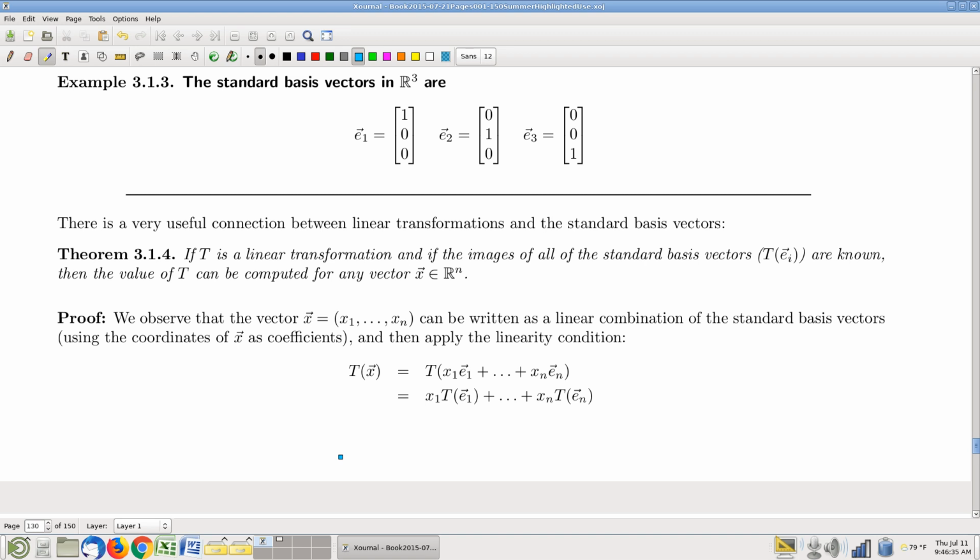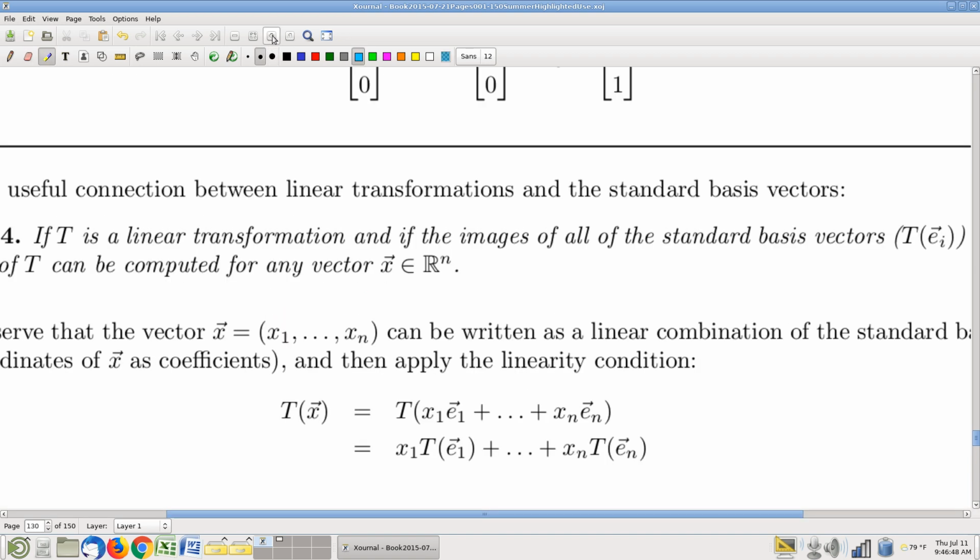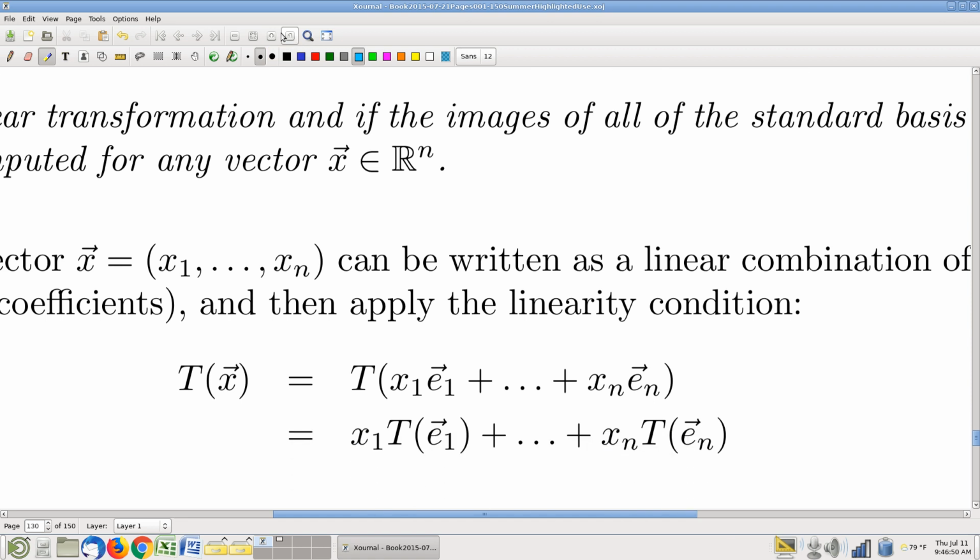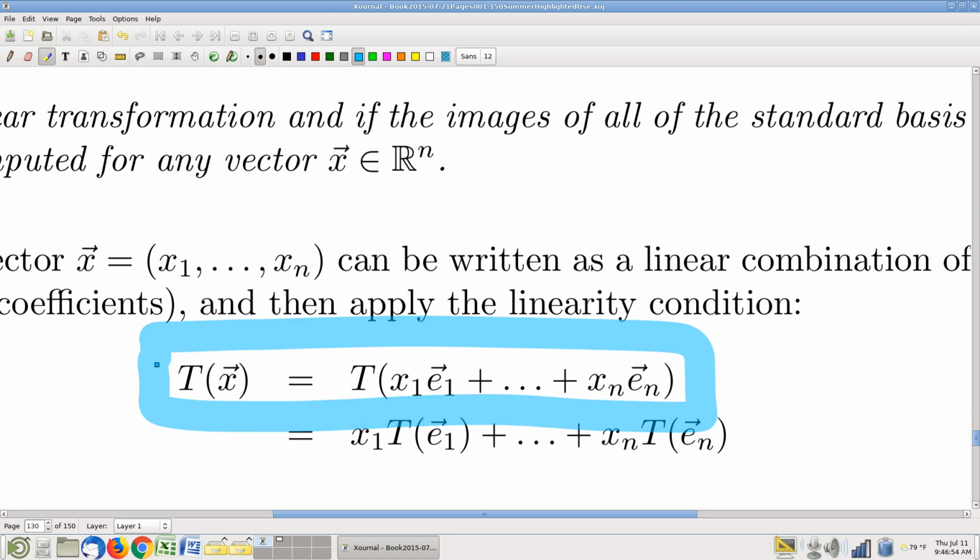I'm supposed to tell you the value of T for some vector x. All right, well, let's suppose that vector x has coordinates x1 through xn. Here's the way I'm going to compute what you wanted. We want to compute T of x. Keep in mind, if these are the coordinates, right, then those are the coefficients in a linear combination that makes up the vector x itself.